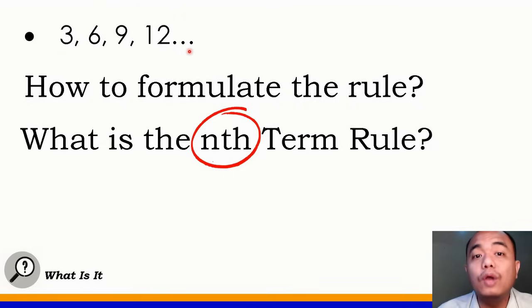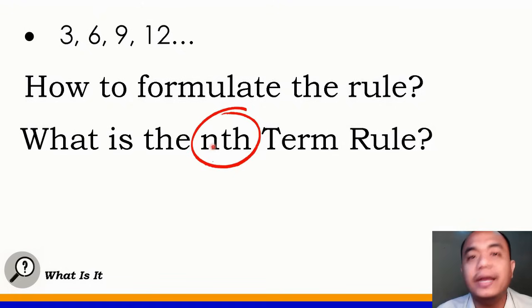You don't need to solve the 5th, the 6th, the 7th, 8th, 9th term. If you have this n term, then you will easily find the 50th term. Kasi yung n stands for the term number. So kung may rule na tayo, at yung n isa-substitute na lang natin sa term number na gusto nating hanapin.